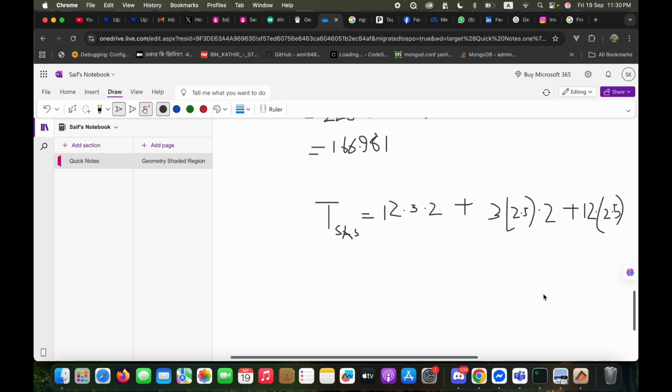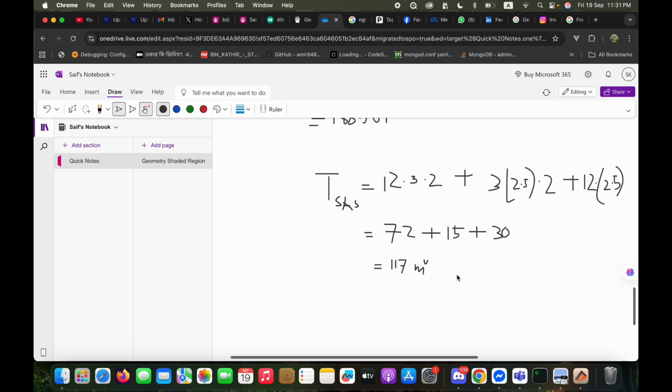I get the total: 12 multiplied by 3 multiplied by 2 is 72, plus 3 multiplied by 2.5 multiplied by 2 is 15, plus 12 multiplied by 2.5 is 30. So I get a total of 117 meters square of area that John T has to cover in order to do the entire paint.